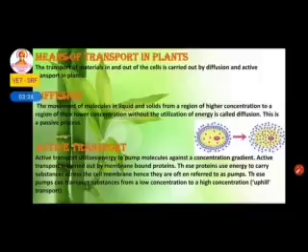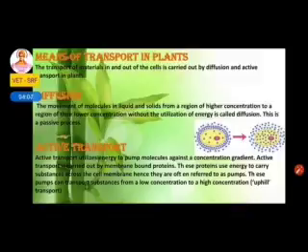These pumps can transport substances from lower concentration to higher concentration. This is called uphill transport. It is nearly opposite to diffusion. Diffusion is from the region of higher concentration to the region of lower concentration without utilization of energy, whereas in active transport the molecules move against the concentration gradient, that is, from lower concentration to higher concentration.